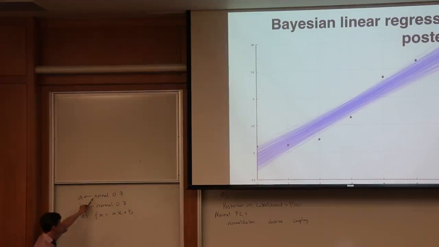You might wonder, why did I pick normal? Well, I wanted to say, I'm not really sure what these things are. Maybe I would have liked to say, I don't know what A is, it could be any real number. But that doesn't form a probability distribution. There's no uniform distribution across all the real numbers. So we need to be a little bit more precise. And I do have a belief, when I look at the points, that the slope is probably around 0 plus or minus 10.